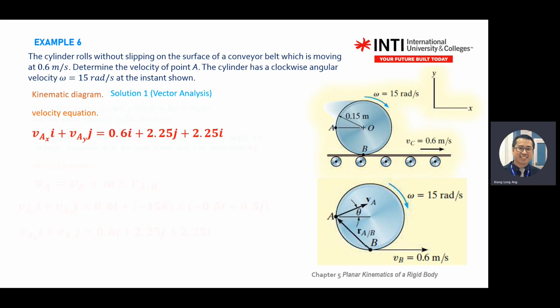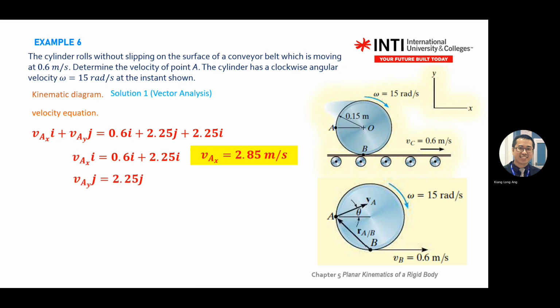So you group them together. So for I, you have 0.6i plus 2.25i. So you get your VA in the X direction. You do the same for J. J only has one term. VAY equals 2.25. So you get your VAY. So you have X and Y, you need to find the resultant.